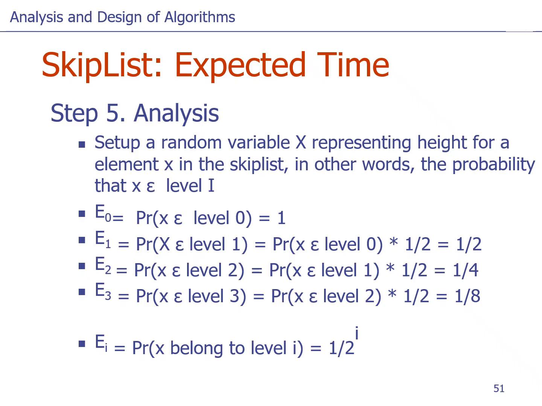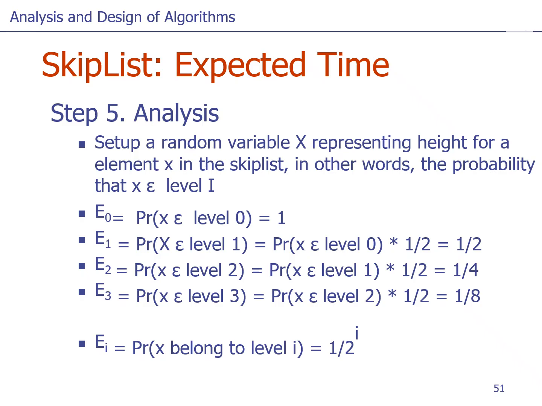So the question becomes, what is the probability that our element, small x, is in level 0? For sure it is there, so the probability is 1, because we have to insert it always at the bottom level. The question really becomes interesting when we ask, what's the probability of x being in level 1?